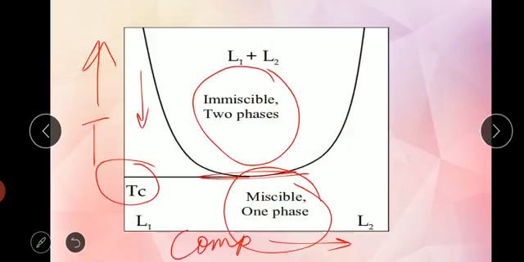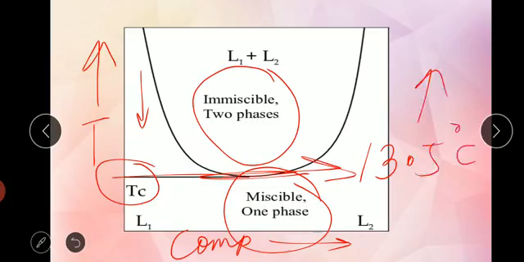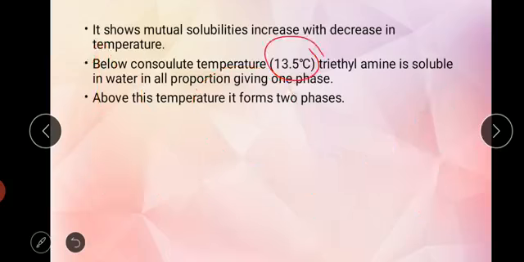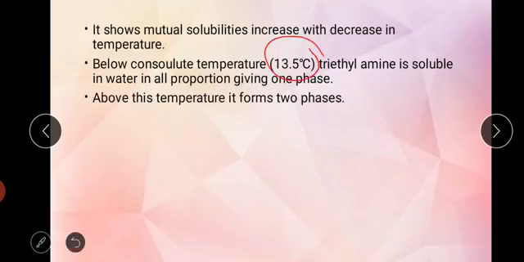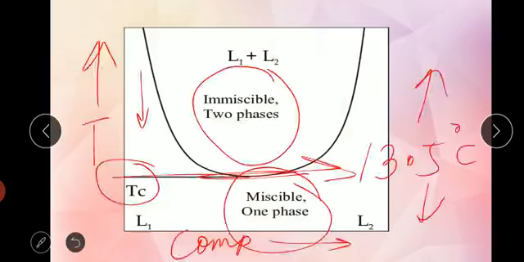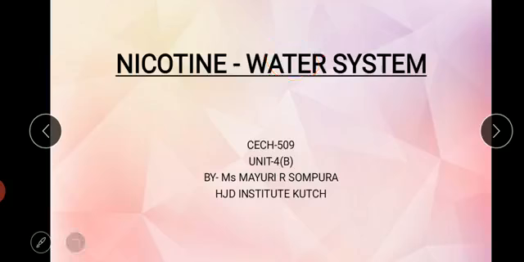Alright, and above this temperature, 13.5 degrees Celsius, both the phases will be immiscible, and below this temperature they will be miscible. Alright, तो इसमें आपको सिर्फ 3 से 4 पॉइंट्स याद रखने हैं, and you have to remember this diagram. It's super easy.